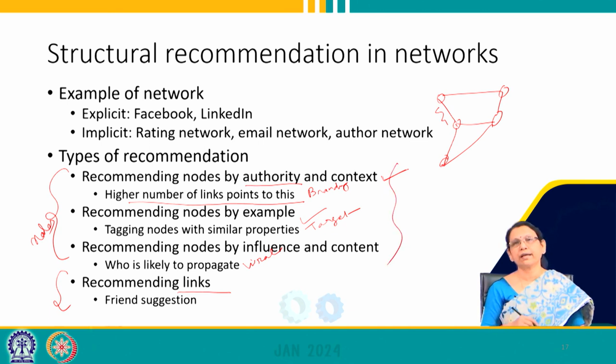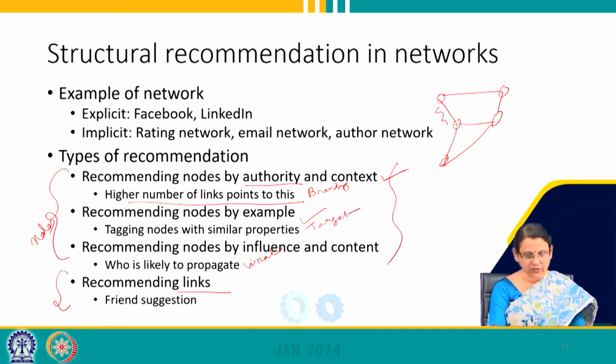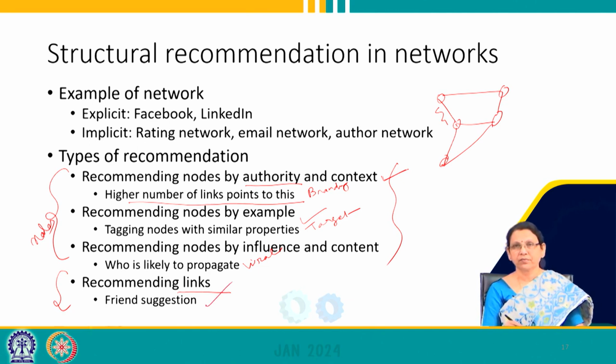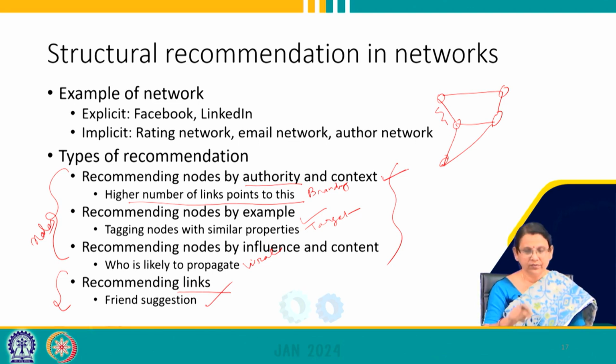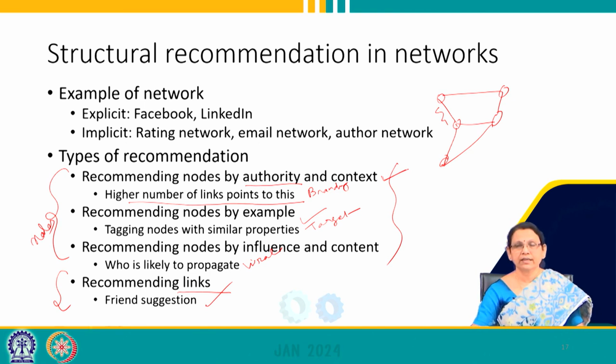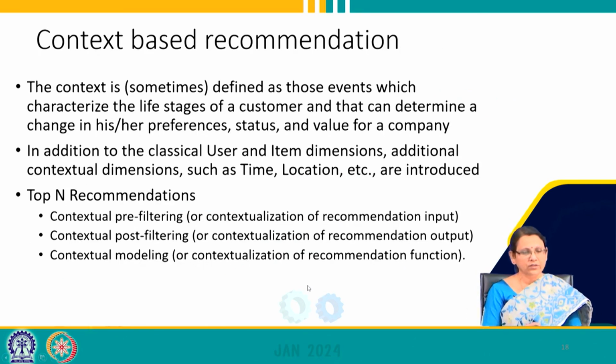So, how do you make it more dense? By suggesting other nodes to whom the target node should connect. So, the friend suggestion that you get in the Facebook kind of setting comes under this link recommendation problem.